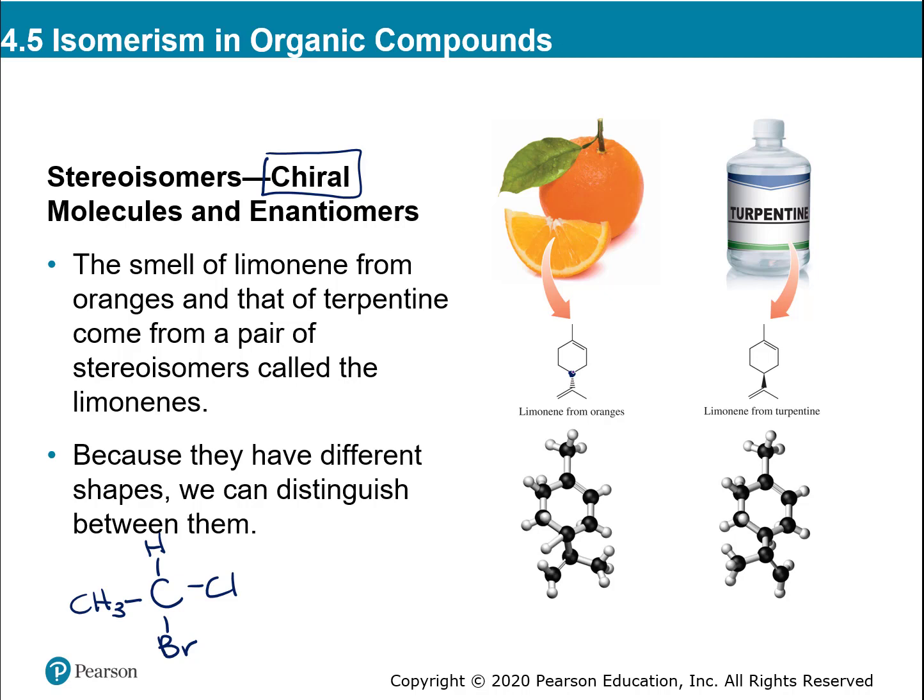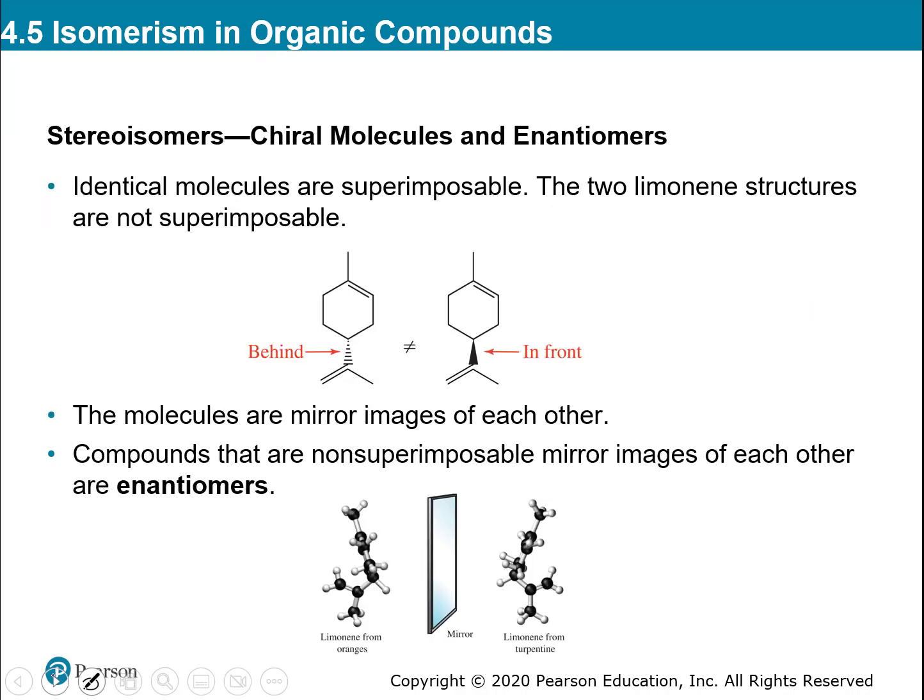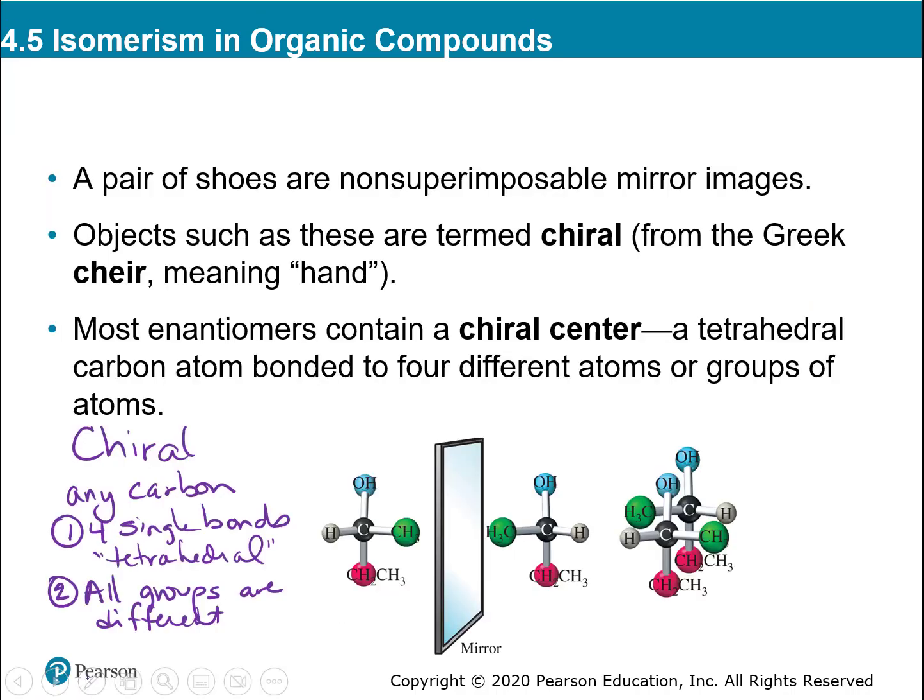Turpentine is like a furniture polish or a paint thinner you use for oil-based paint. Pretty different. One is really pleasant. The other one's very sharp. Same molecule. The only difference is because they have one of those weird carbons, they have very different aromas and different properties.